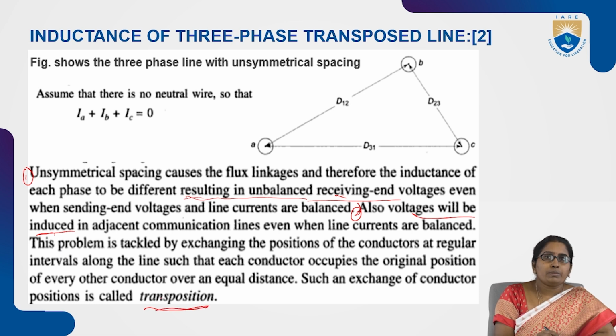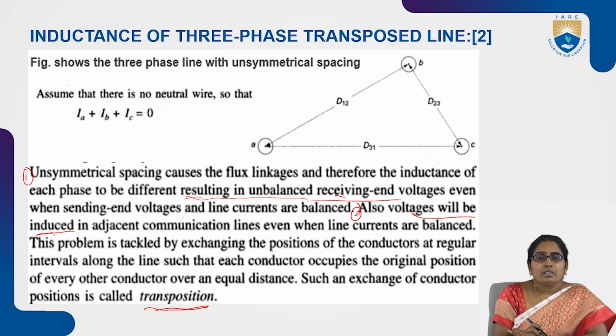What is meant by transposition? In a transposed line, each conductor takes all the three positions of the line. Each position is given one third of the total length of the line. That is a transposed line.